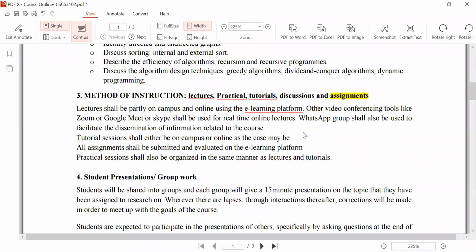So we don't want a situation where at the end somebody will complain that they did not submit assignments or they don't have the marks because of this or that. The principle is clear from the beginning. If you don't do assignments, if you don't participate in the lessons, be sure that you will score a 0 in the CA, and there is nothing we are going to do about it.